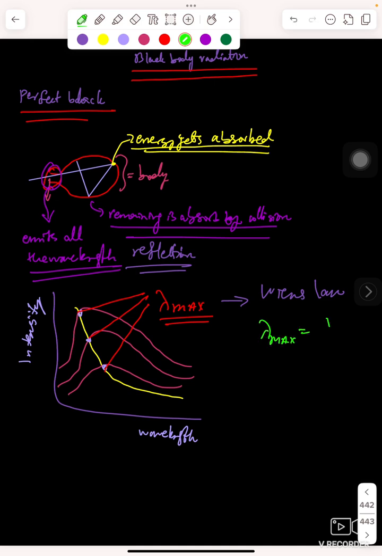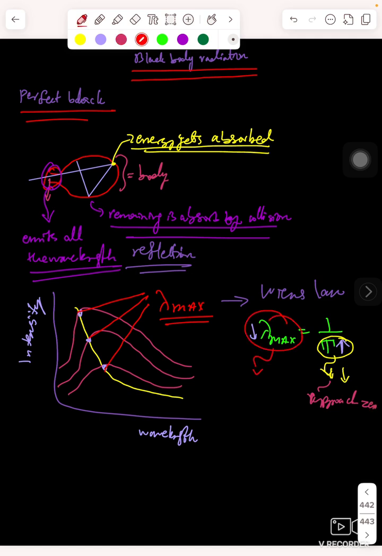Lambda max equals 1 over temperature, meaning the more the temperature, the less the maximum wavelength. If we decrease the temperature, or approach zero, what we observe is that this value is max, or infinite.